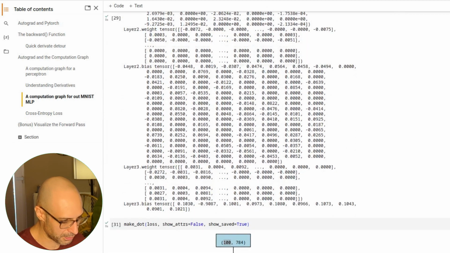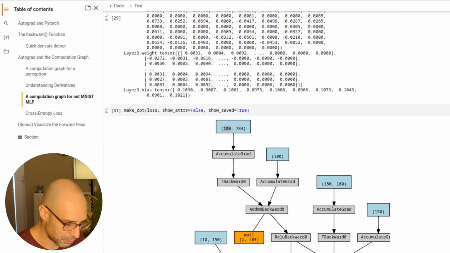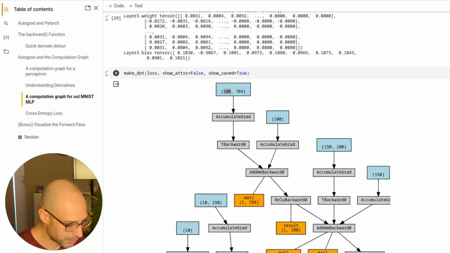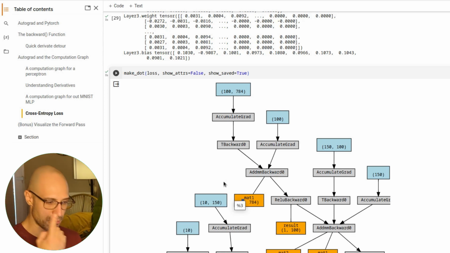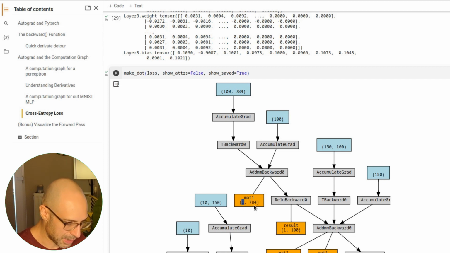And of course, all of these are matrix multiplications that are done with the input. This is the input, so this is the fake image that we've created. And 1 is because in our batch we only have one image. If we added other images, this would be larger.